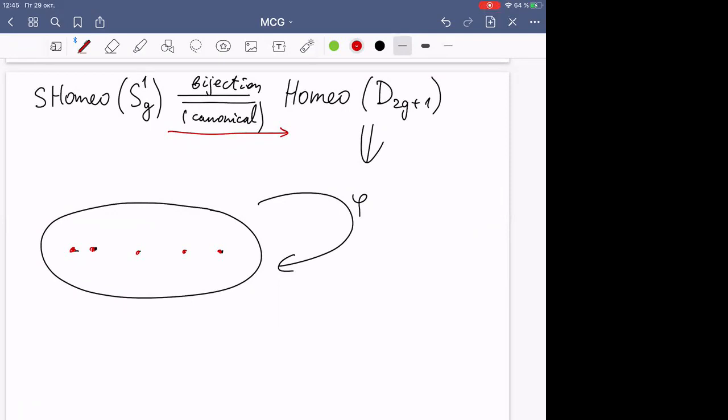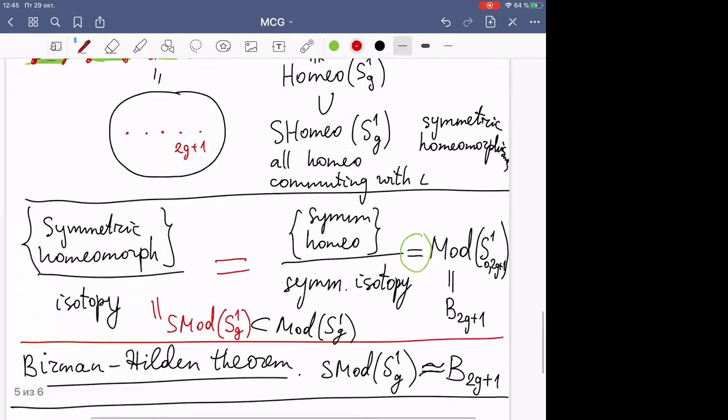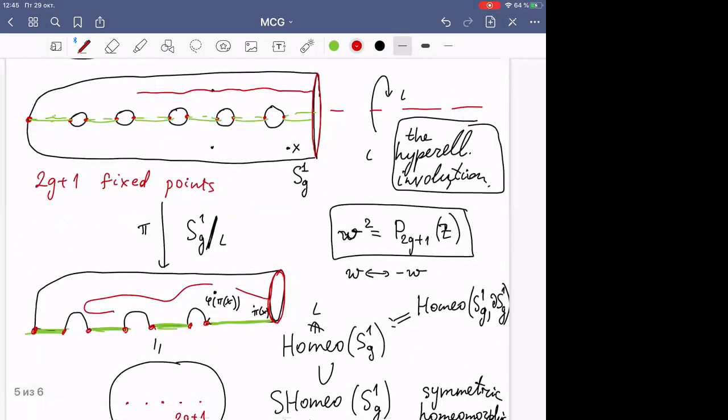Well, the precise picture is as follows.